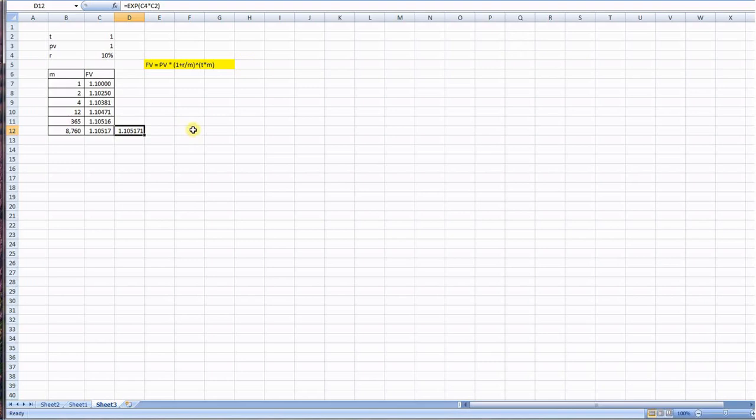But I just want to illustrate why continuous compounding is very widely used in the finance industry. Because when we integrate or differentiate the exponential function, the result is the same. It's an exponential function. Let me write down what I mean. When we differentiate an exponential function, the result is the exponential function.